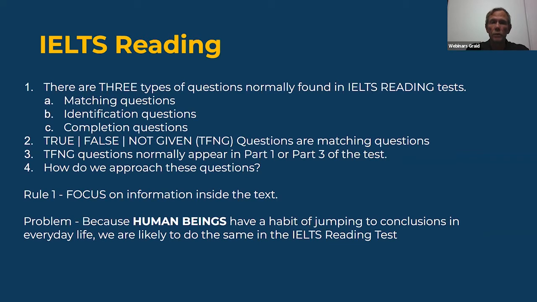When we see things, we jump to conclusions, and we often do the same thing in an IELTS reading test. So we need to be very careful that we don't do that. It's natural for readers to imagine something in the passage that isn't actually there. So let's have a look at how this actually works.